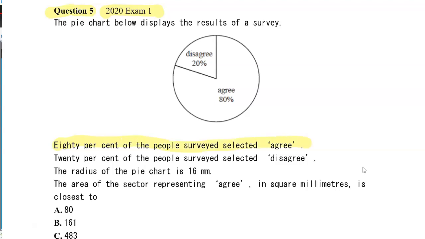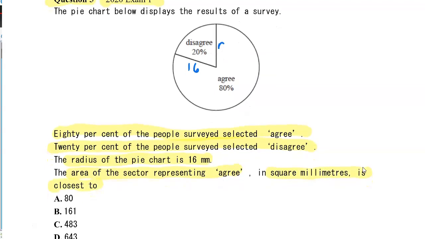The radius of the pie chart is 16 millimeters. The area of the sector representing agree in square millimeters is closest to.